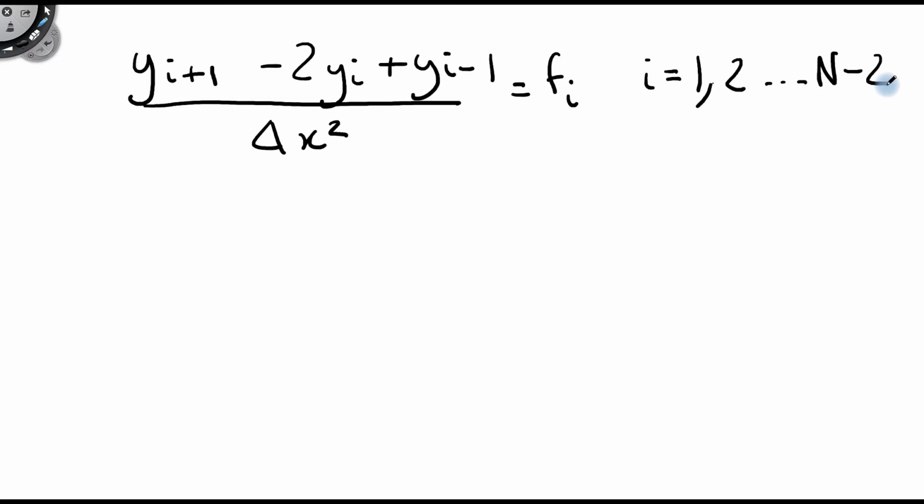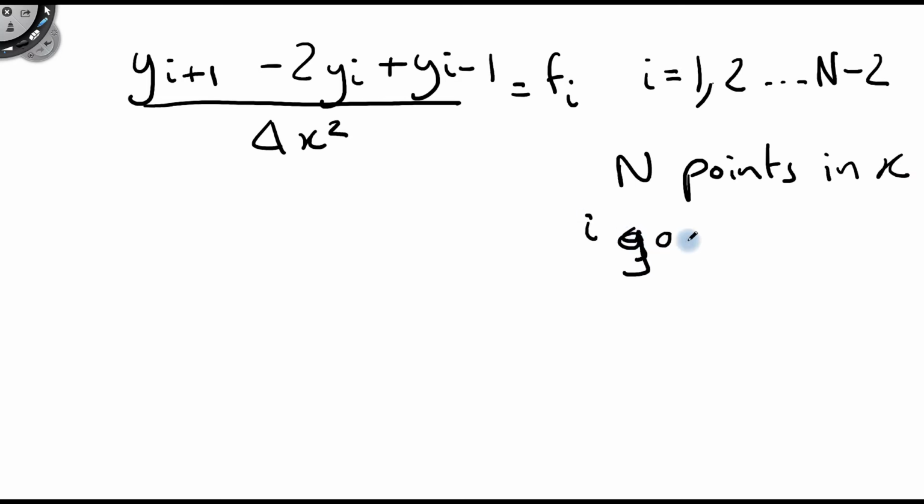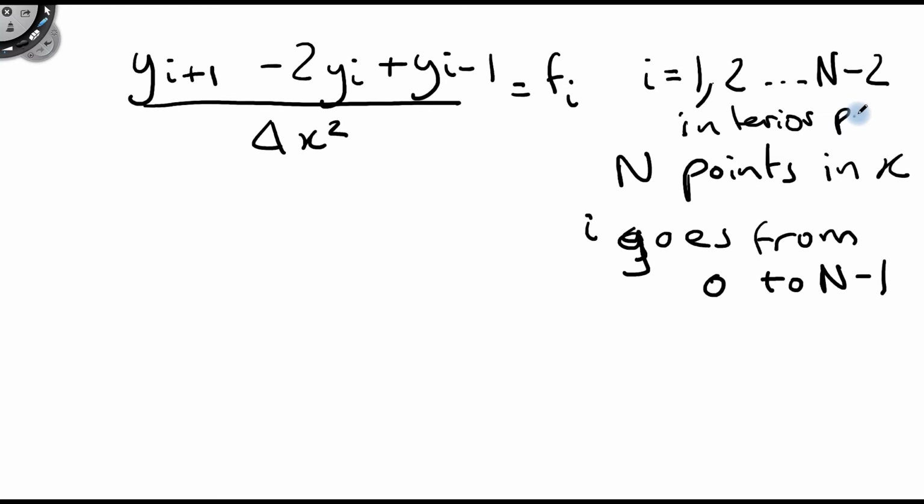We're considering there are n points in x, and that's just doing it over the interior points. So i goes from 0 to n minus 1, and these are what I call the interior points, i.e. the non-boundary points, and then obviously we'll fill in the boundary values later.